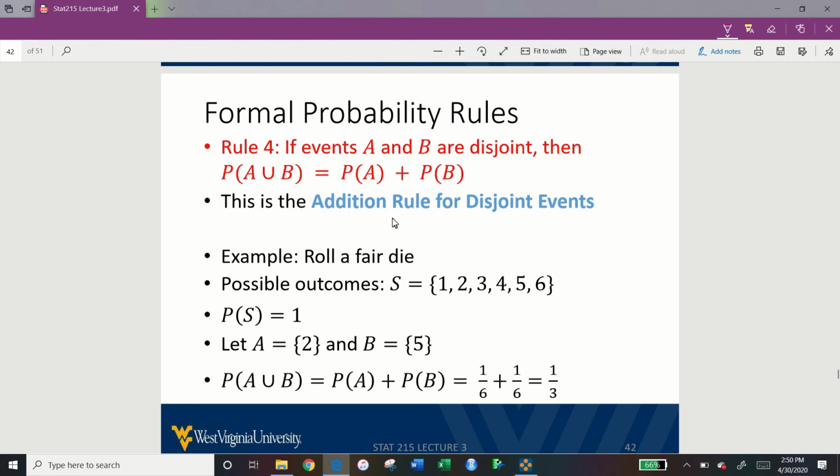So, given that A and B are disjoint events, they cannot happen at the same time, the probability of A or B is going to equal the probability of A plus the probability of B. The probability of A is going to be 1/6, the probability of B is also 1/6. Take the sum of 1/6 plus 1/6, and that'll give us 1/3.